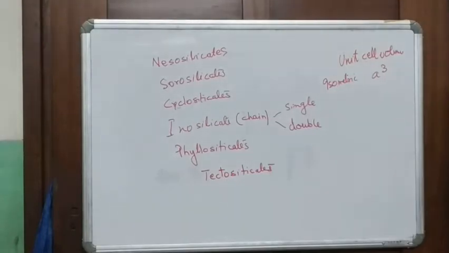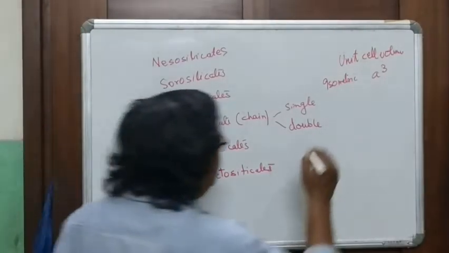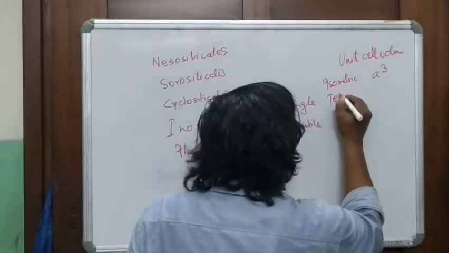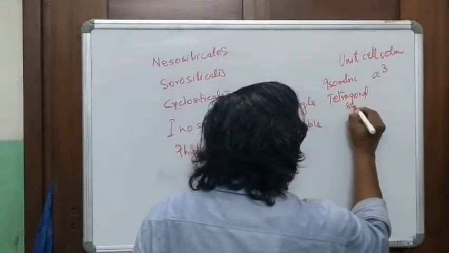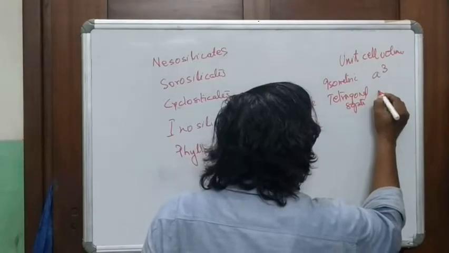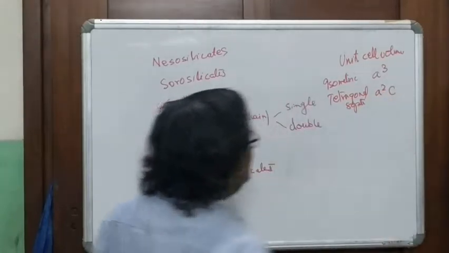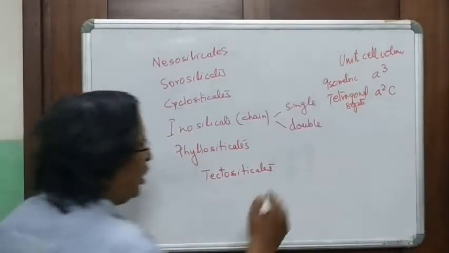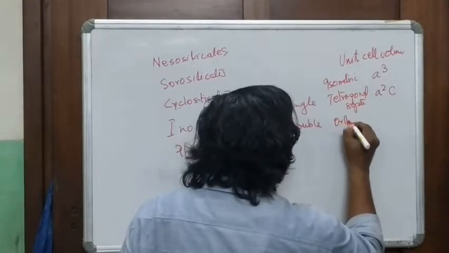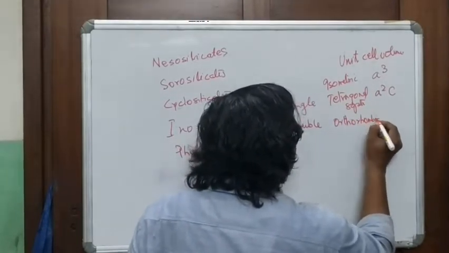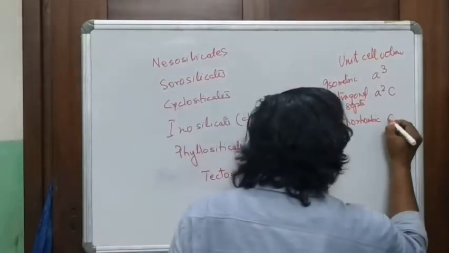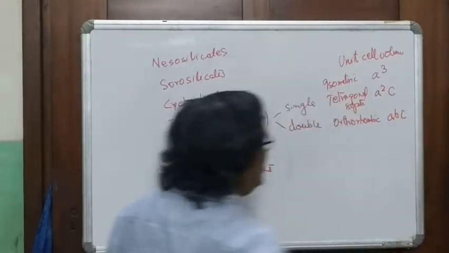That's the unit cell volume for a cube. And then you have the tetragonal system, which is essentially A square into C. And then you have the orthorhombic system, for which the unit cell volume is A into B into C.